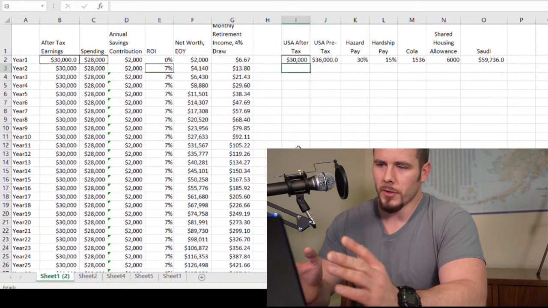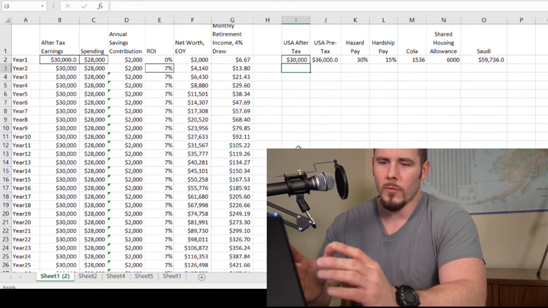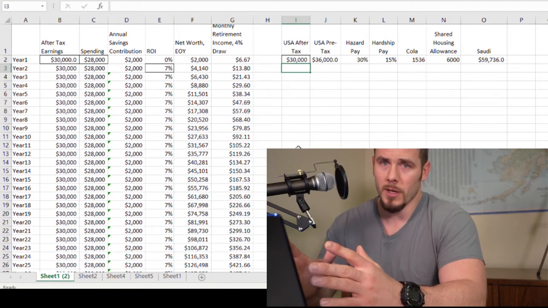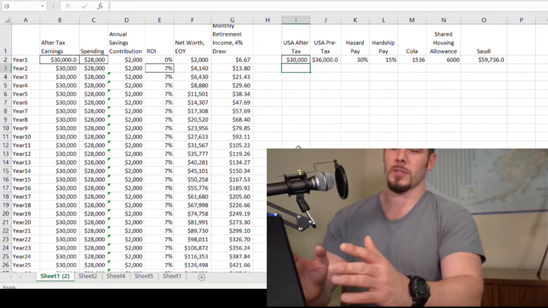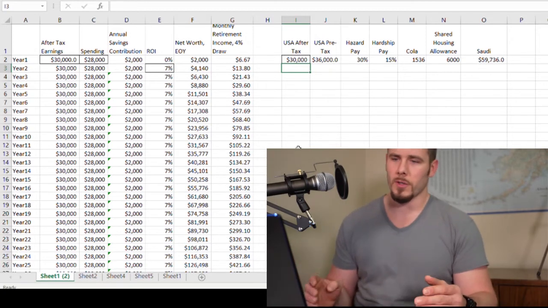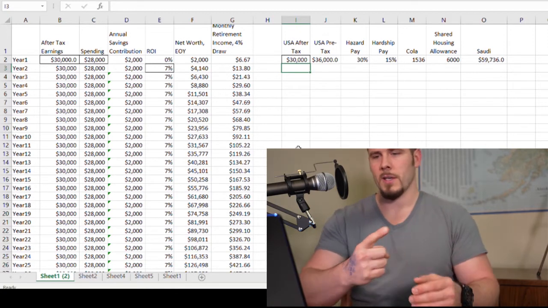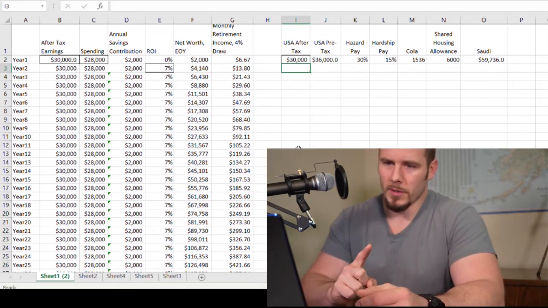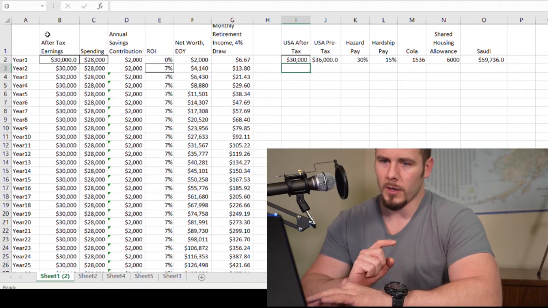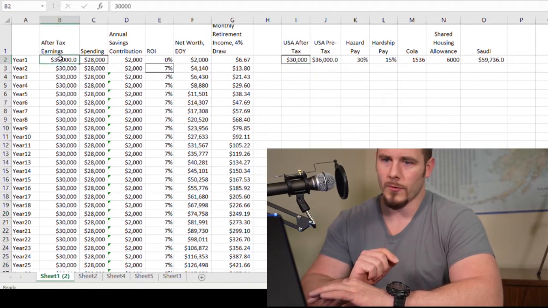All right, so now let's get to the spreadsheet. This model here is great. When you're looking at financial independence and early retirement, if you model it this way, there are four things you're looking at. Number one is your after-tax earnings, and we can input that in this cell.